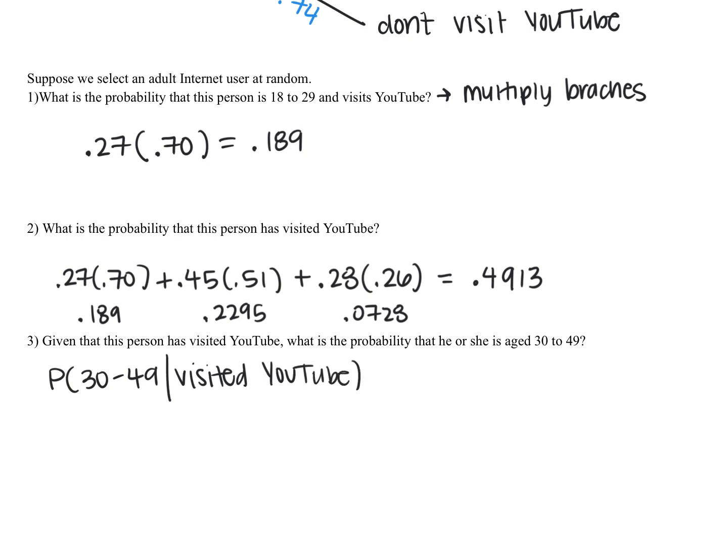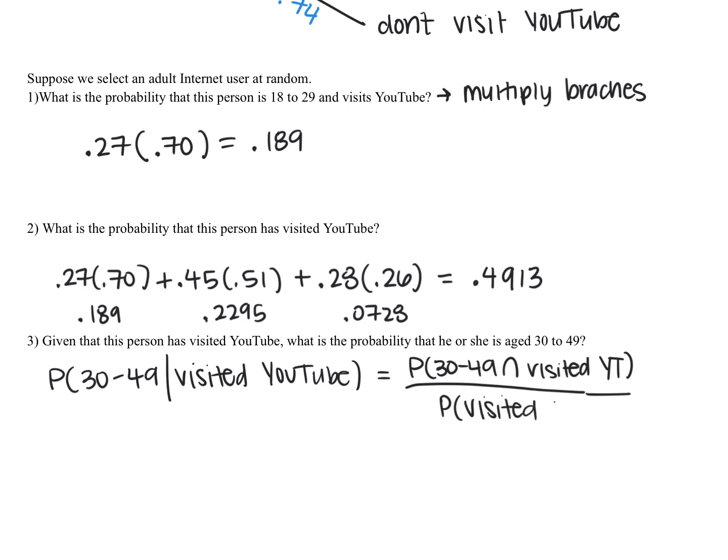When we break this down using the formula, our numerator is the probability you're 30 to 49 and visited YouTube. Our denominator is just the probability you have visited YouTube, which I'm going to abbreviate YT here just because it's easier. We just found in our previous example the probability that you visit YouTube, so that's already found for us.